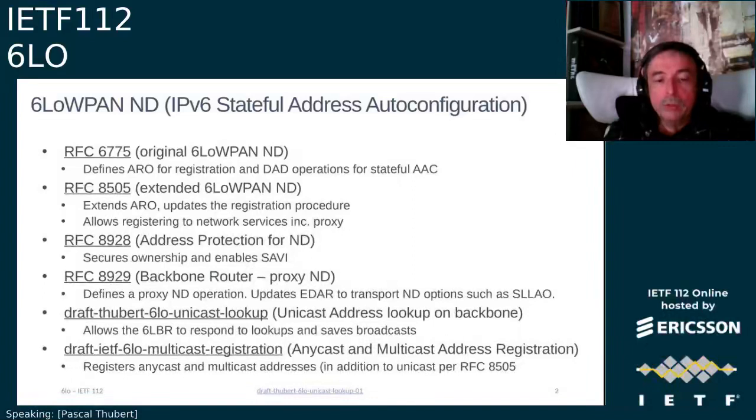For all the addresses which are registered to the 6LBR, the 6LBR could definitely answer as a unicast request-response exchange to an address lookup, as opposed to doing the multicast NS lookup that you all know ends up as a broadcast on your system. So yes, it only works if the address is registered. Otherwise, basically the 6LBR needs to say, hey, I don't have this registration, so if you have any other way. But at least it can be tried as a quick first try before the actual lookup is done.